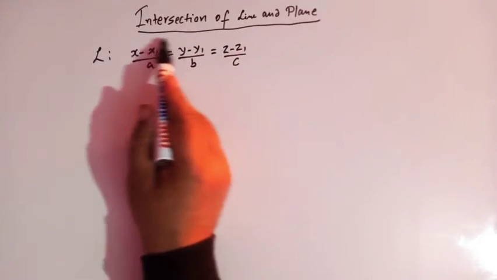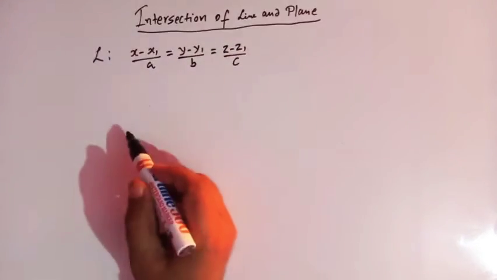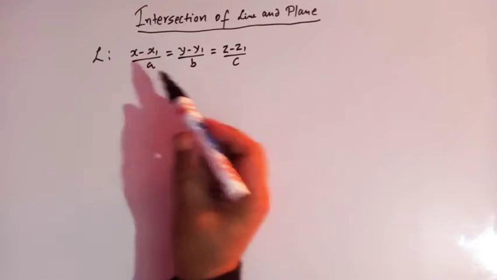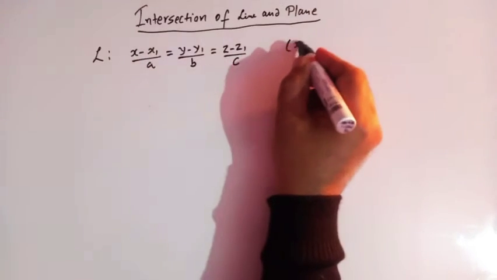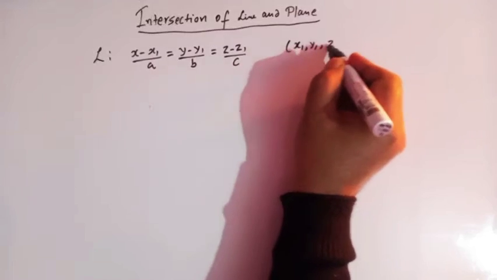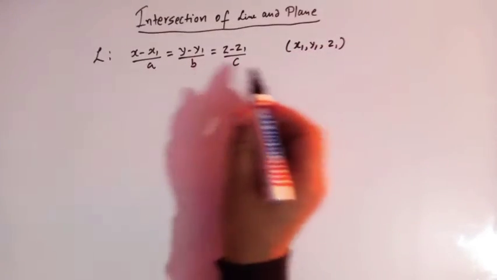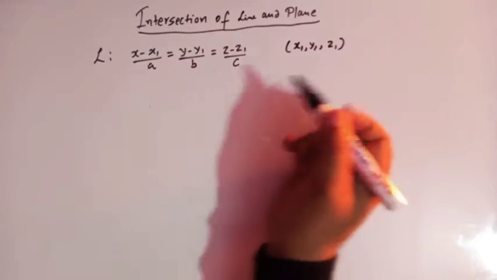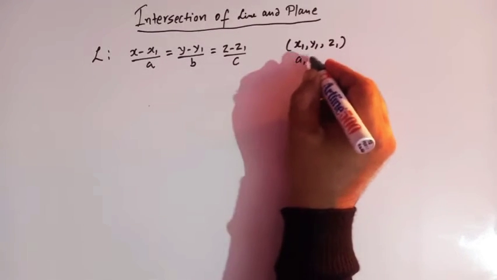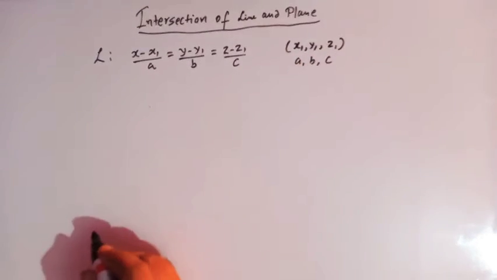So this is the Cartesian equation of the line which passes through the point (x1, y1, z1), and the direction ratios of the line are a, b and c, right?